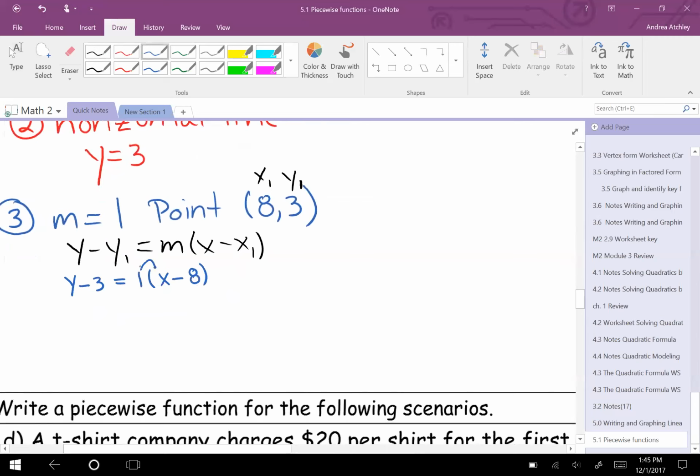And distribute. I'm going to get y minus 3 equals x minus 8. Plus 3, plus 3. And I get y equals x, negative 8 plus 3 is negative 5. So this is my equation for that line. It would cross the y-axis at negative 5.